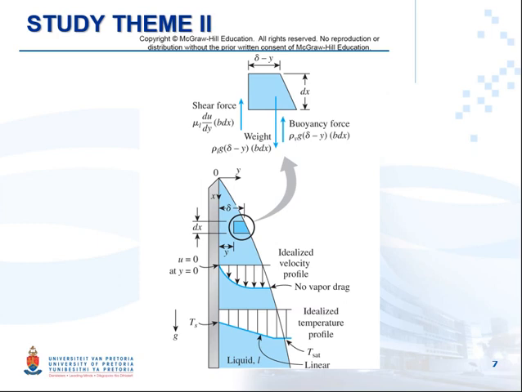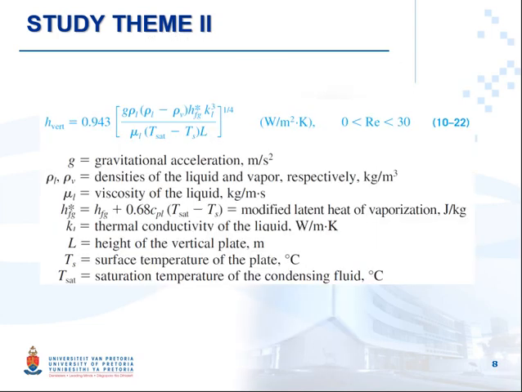Because we are talking about condensation, T surface is lower than T saturation. Since the surface temperature is below the saturation temperature, vapor condenses on the surface. The liquid film flows downward under the influence of gravity. The analytical relationship for the heat transfer coefficient for this case was first developed by Nusselt in 1916.